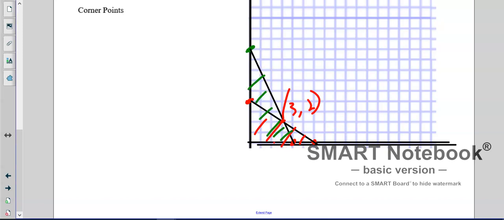So where is my area? It's right here. So that's 4, 0, 0, 0, 3, 2, and 0, 4. Those are my corner points.